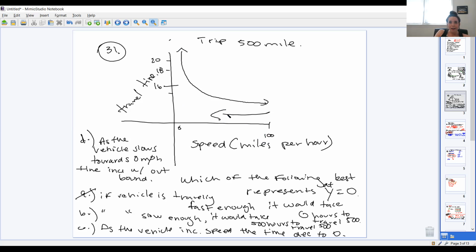That's why it's saying as y equals 0. It's talking about the vertical asymptote at y equals 0. So it's like this guy. You're not going anywhere because you're not traveling, then you're increasing that time. Okay, so yes, it is D. Good job.